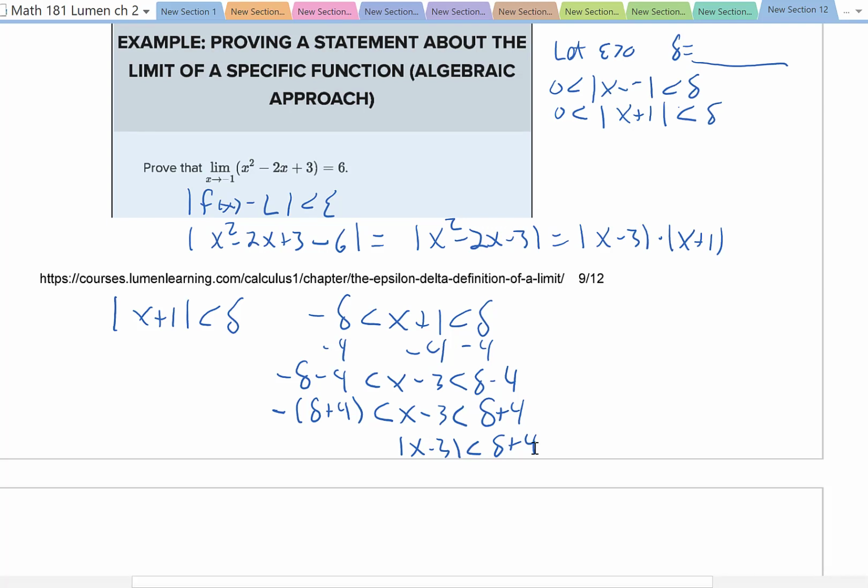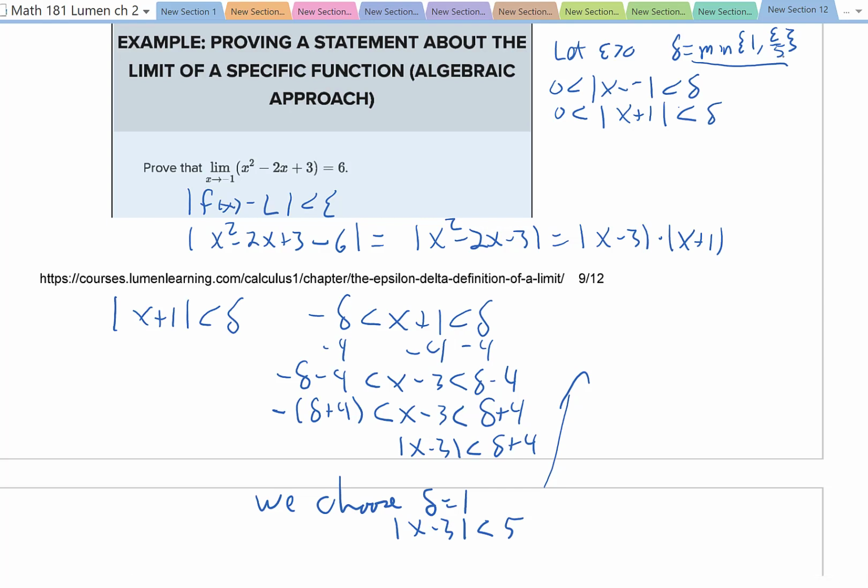So we choose delta equal to 1, which makes the absolute value of x minus 3 less than 5. So like we saw in the previous problem, it's going to go up to the top now. Delta will be the minimum of 1 and epsilon over 5. This 5 under the epsilon is the same 5 down here. That's where it comes from.